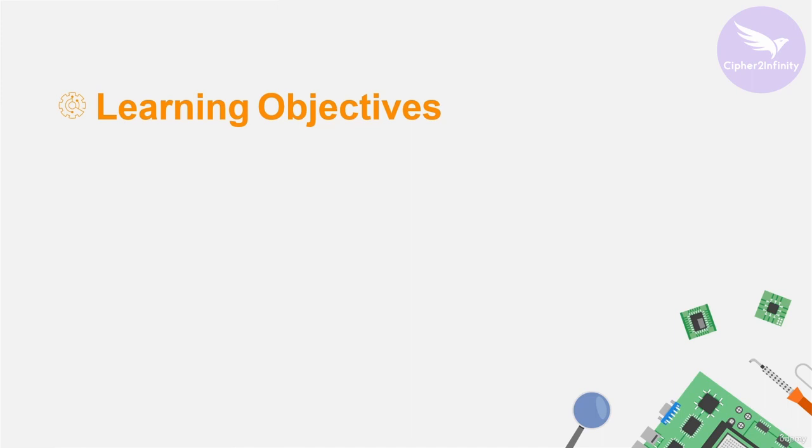That's the reason I have dedicated this video to the pin map of the Atmega 328 microcontroller. And in this video, we will try to understand the functions of all the pins on this Atmega 328 controller. Okay. So that's basically the learning objective of this video.